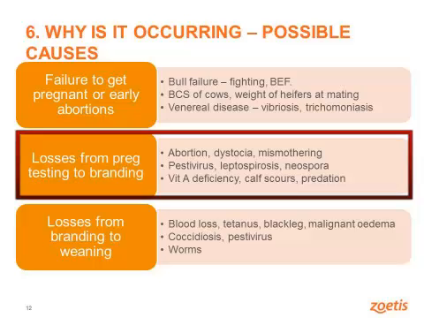In terms of common disease agents that may be involved, the potential list includes pestivirus, leptospirosis, and neospora, which is a protozoan parasite carried by dogs and spread to cattle.